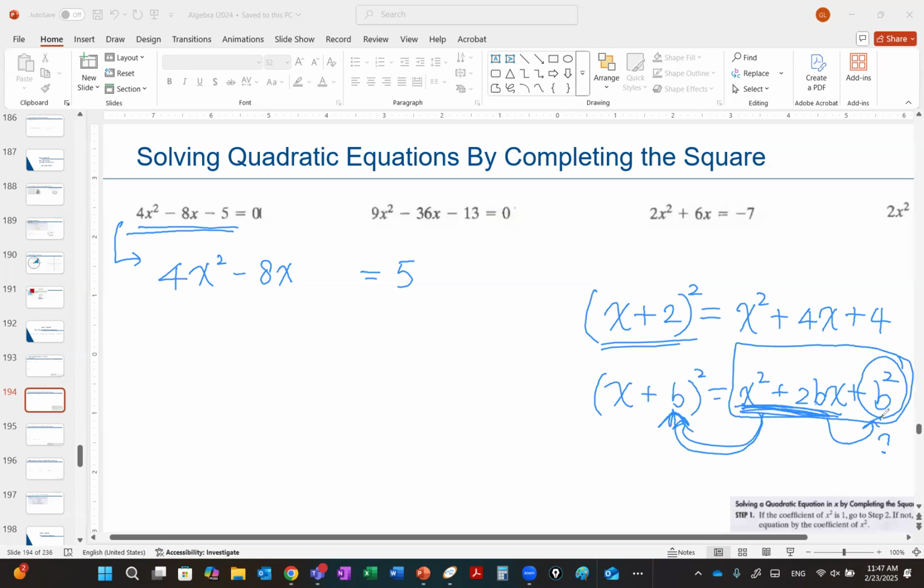How do we find this third term? If I only give you these two terms, how do I find the third term? Using these, I can generate it here.